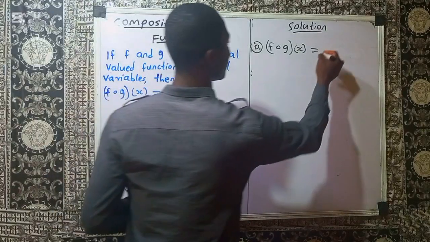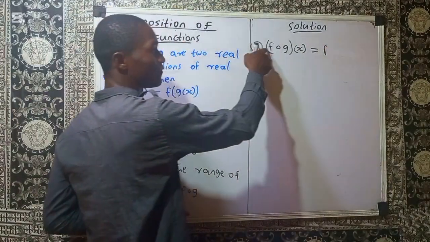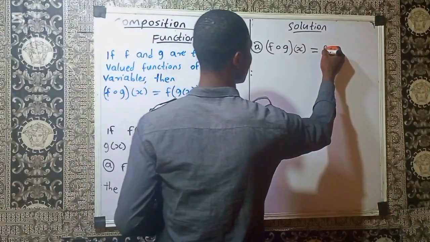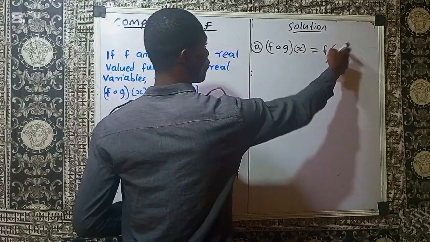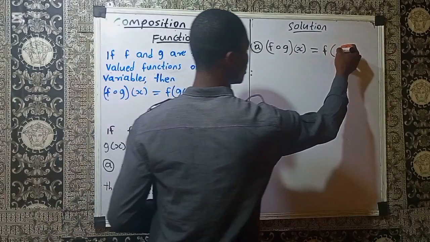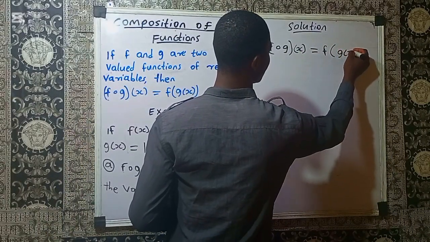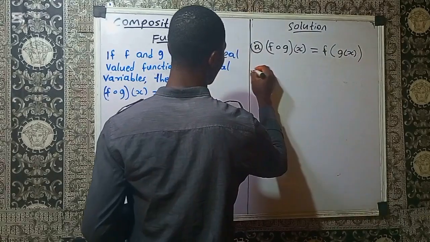So this is f of what? The first function is f. You are going to write f first. You do a bracket. What you are going to put inside f is the value of the second function. What is the second function? g. So I'll put the value of g, that's g of x, inside f.